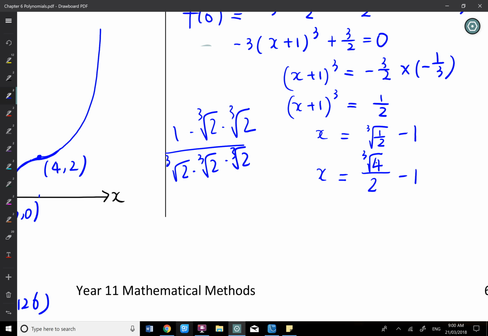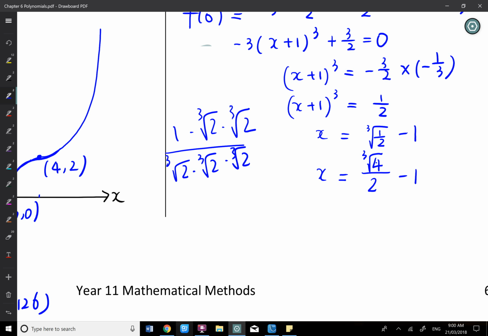Well, it doesn't matter, you can write y there. You can see this is a decreasing graph because we have -3 here. So our graph should look like that.